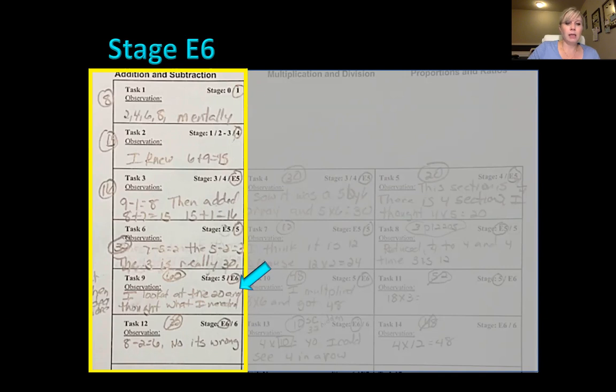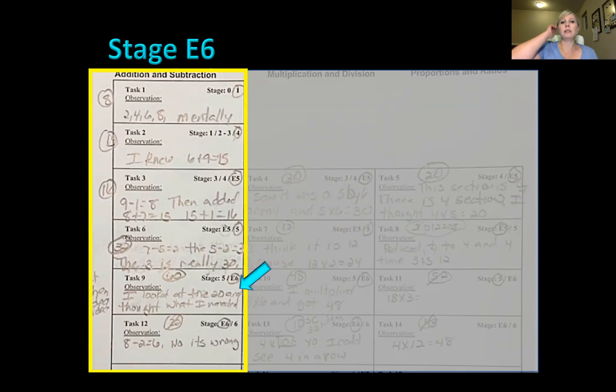The note-taking here isn't as clear as we would like. I looked at the 20 and thought what I needed. It doesn't really tell us how they subtracted, if they counted up, if they counted back, if they thought 80 minus 20 was 60, if they thought 8 minus 2 was 6, and then it's going to be a 0, which they're breaking it apart, but it could be straight algorithm.